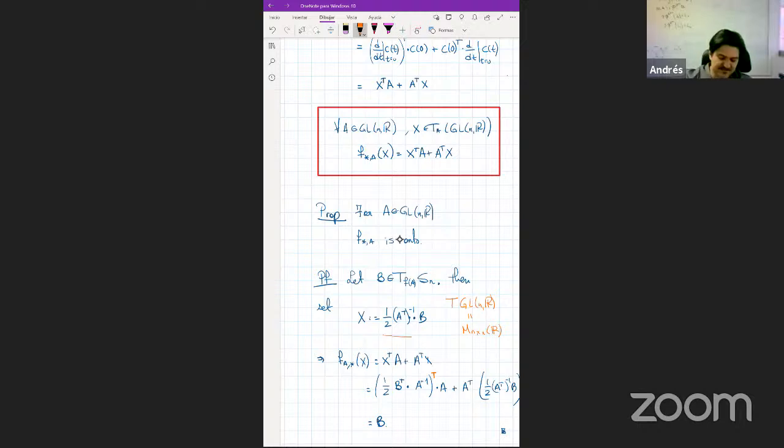Because this is X. Yes, the transpose of this is precisely what I wrote here in parentheses, right? You see here V transpose. And then the transpose and the inverse commute. This one, I have it here. So that's my mistake. There's no need to put the transpose. I have already done that.